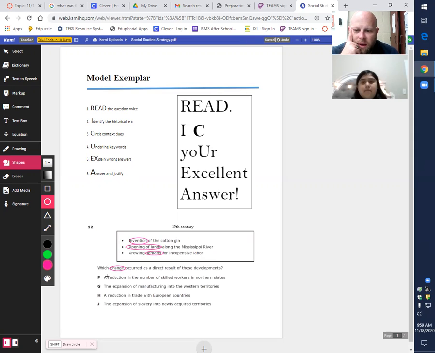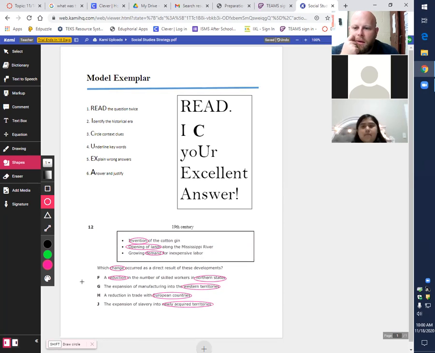We have a reduction in northern states. Then we have Western territories, European countries, newly acquired territories. Okay, so now we have circled our context clues.